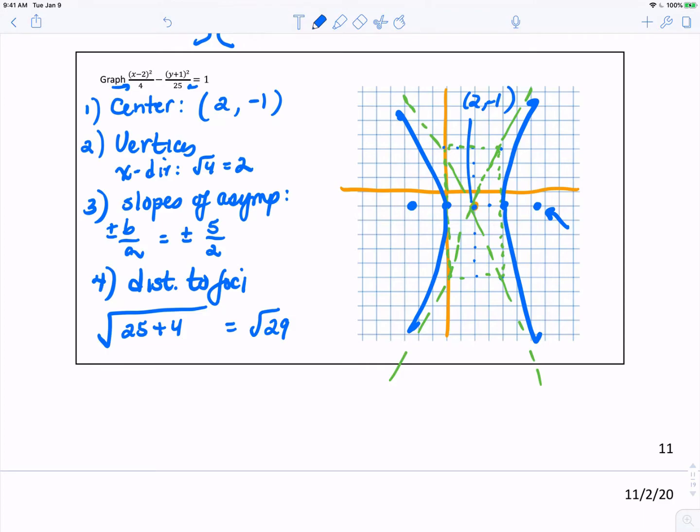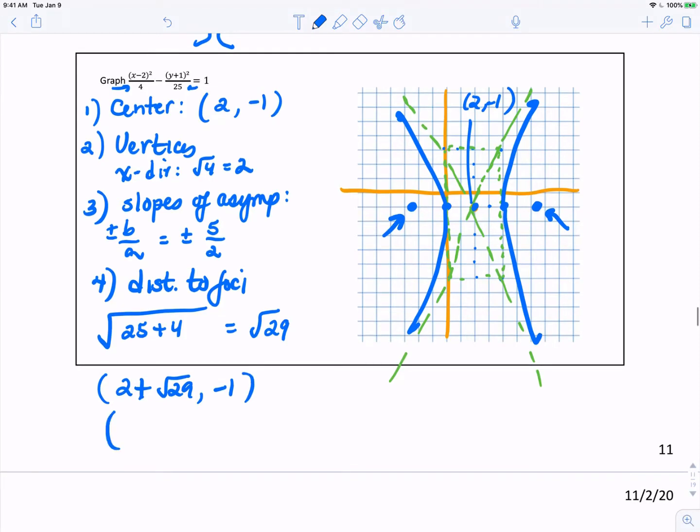We're going to start at 2, and then we added on the square root of 29. So the x coordinate is 2 plus the square root of 29, but it has the same y coordinate as the center, which is negative 1. This focus, we started at 2, and then we went to the left square root of 29. That's 2 minus square root of 29, and again, it has the same y coordinate.